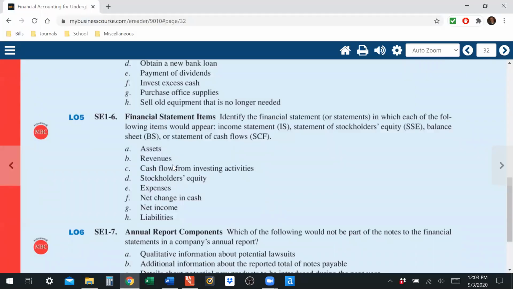What about revenues? Which financial statement? Income statement, right. Income statement lists for this year, for this time period, the changes in the asset and liability accounts. And those can be broken down into revenues and expenses.